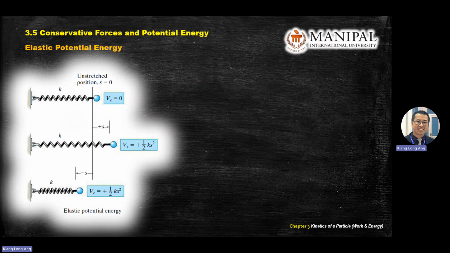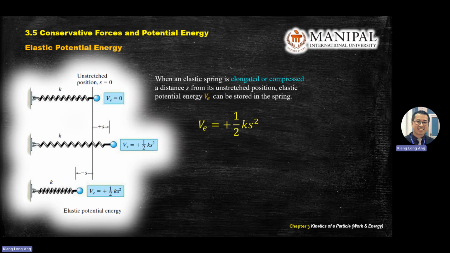Another one is elastic energy. Elastic energy, you know that the energy of the spring is given by half k s squared, positive. So this is unstretched. An unstretched spring doesn't have energy.